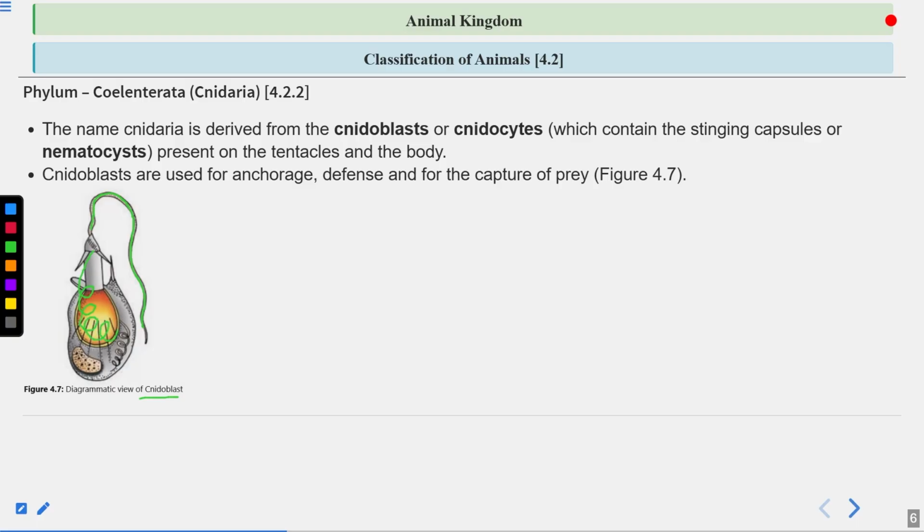But when they see any organism that could harm the cnidarian, or if they want to capture prey, or get attached to any substratum, they take out this sting from inside very forcefully. The ejection is very forceful, and that helps for anchorage, defense, or the capture of prey.